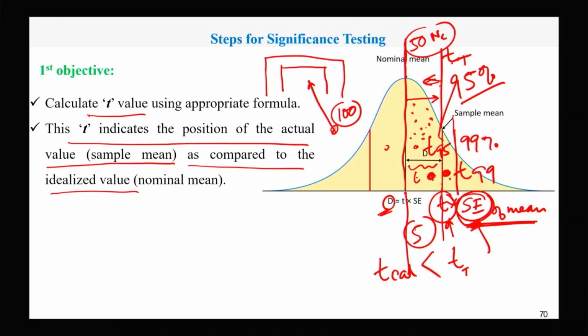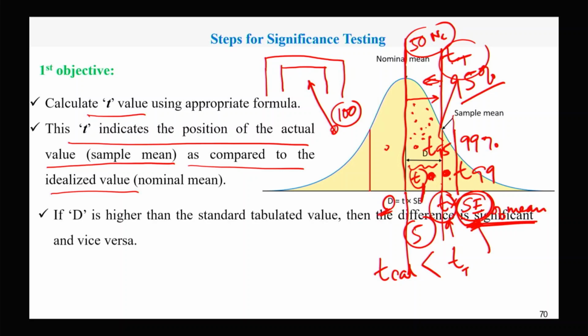Your calculated t comes here, suppose, the actual position. Then you compare with the table t value. You must remember the t value which we are calculating indicates the position of your reading, the mean value. If the t is higher than the standard tabulated value, effectively, because the standard error is the same, then the difference is significant, or vice versa.